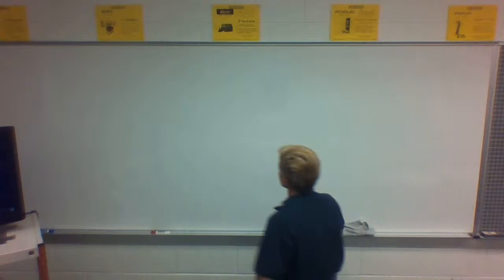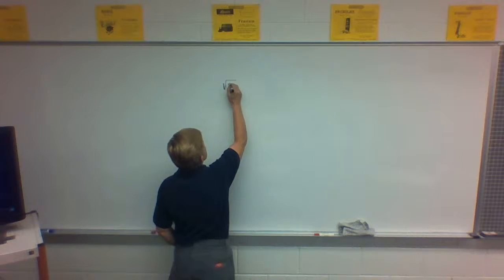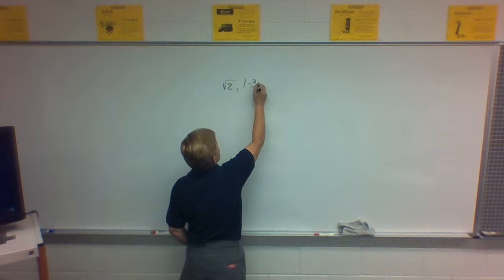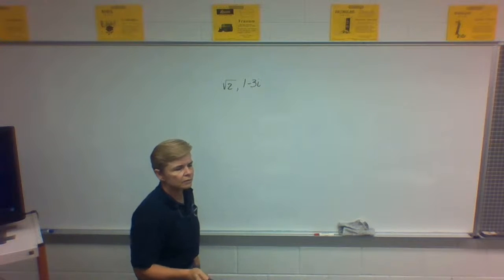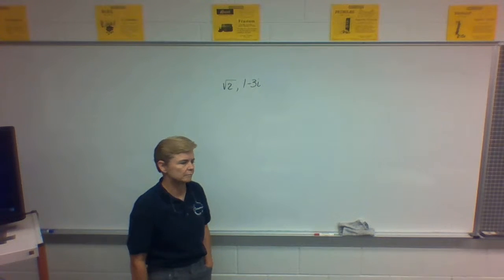So, in number 7, they tell us the zeros are the square root of 2 and 1 minus 3i. Can you tell me, when we are done with this, the degree of the polynomial we will recover?